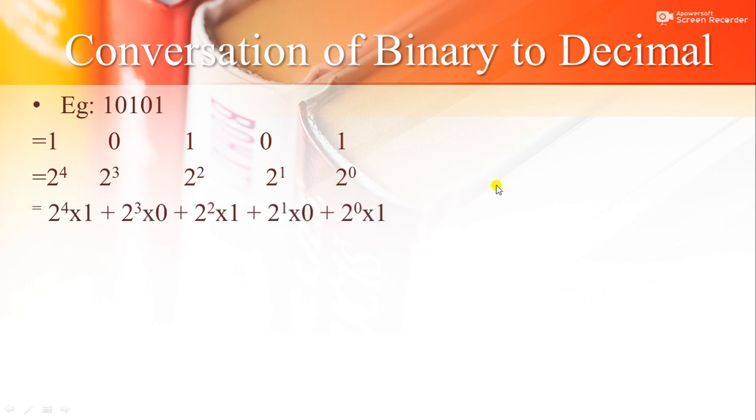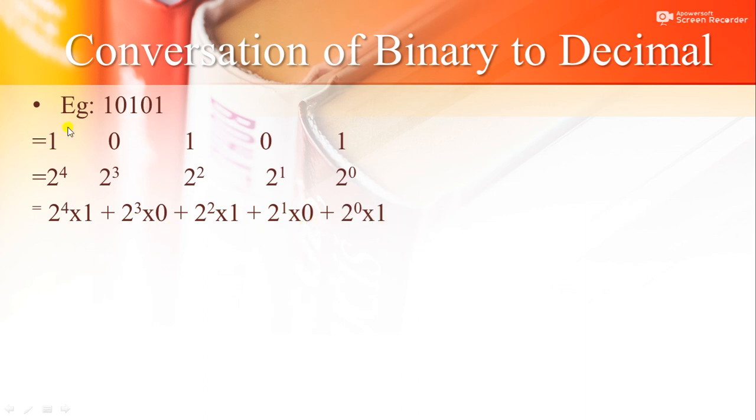Next, over here we will multiply and add these numbers, that is 2 raised to 4 into 1, plus 2 raised to 3 into 0, plus 2 raised to 2 into 1, plus 2 raised to 1 into 0, plus 2 raised to 0 into 1.